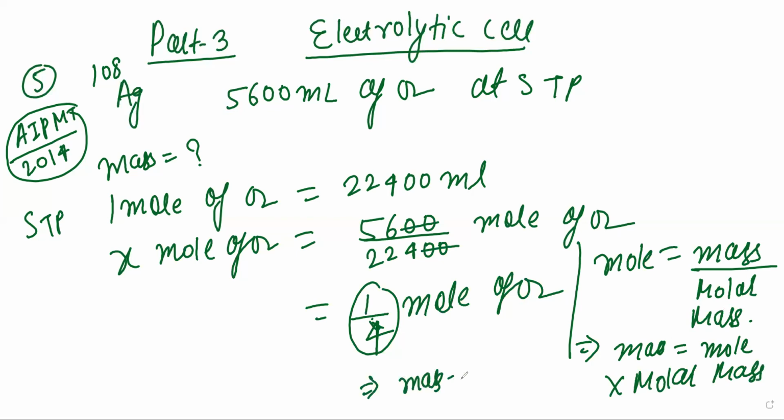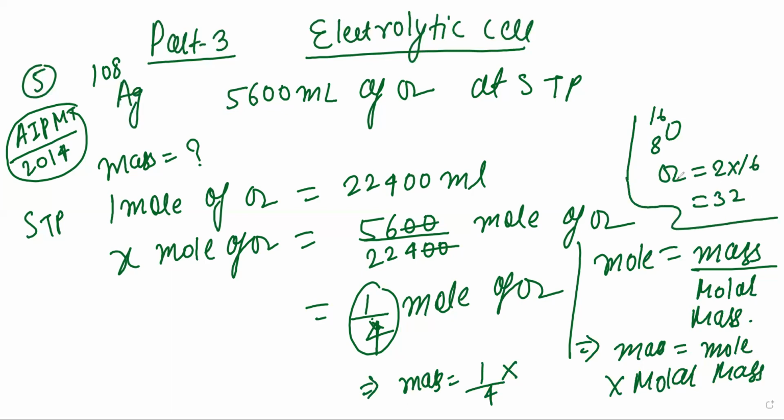So mass is equal to, mole is 1/4, molar mass of oxygen: atomic mass of one atom is 16, so for O2 it will be 2 into 16, that is 32. So please solve it. It will be 8. So 8 gram of oxygen is deposited.